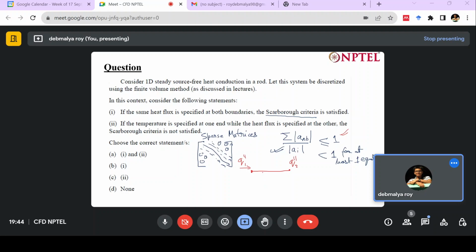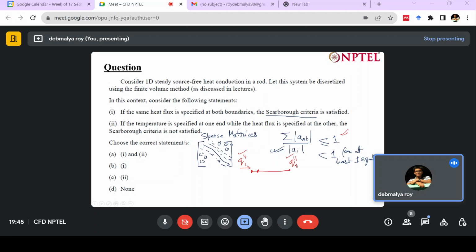Now I want to find the solution. This can be found by applying boundary conditions: whatever the slope, k dT/dx, we equate to q1 here, and k dT/dx we equate to q2 there. So this we can do.